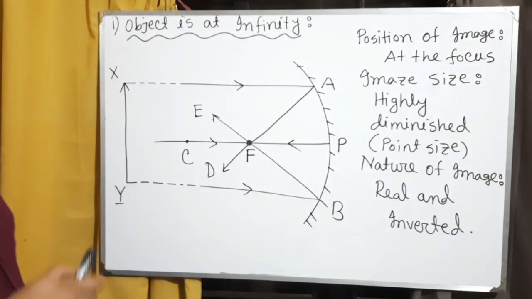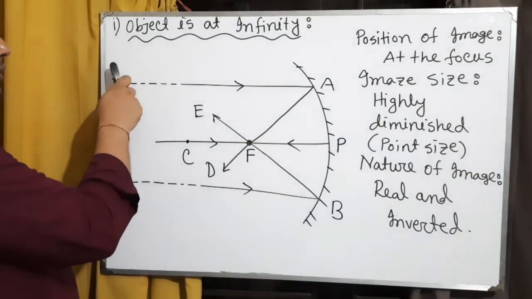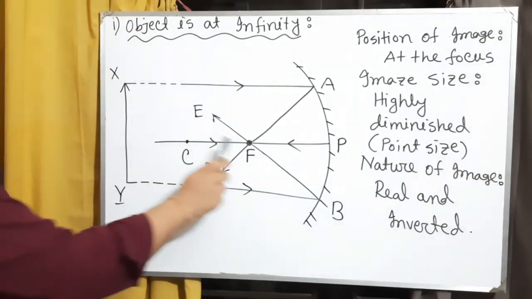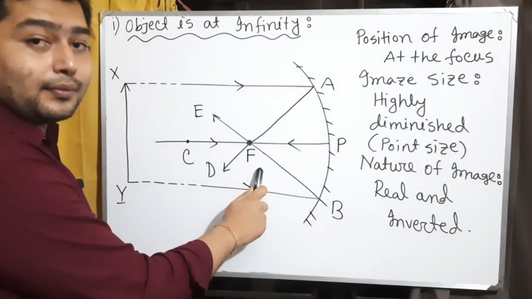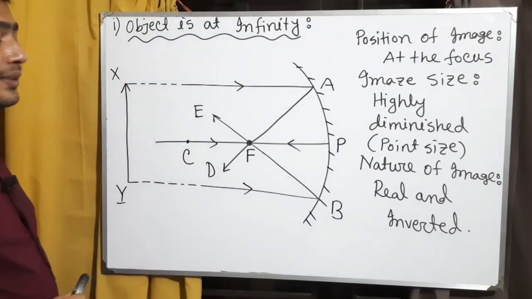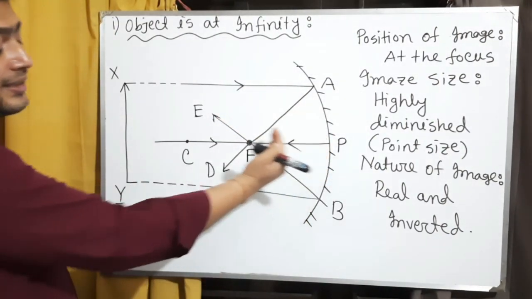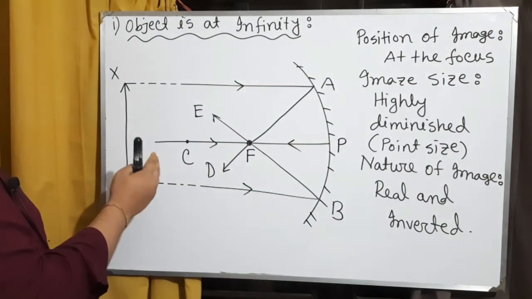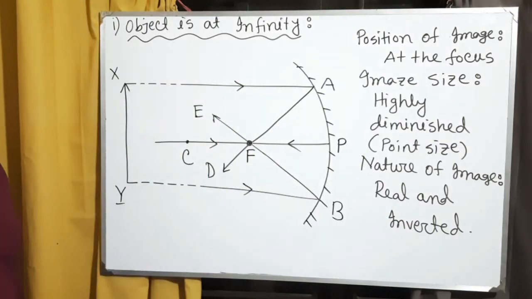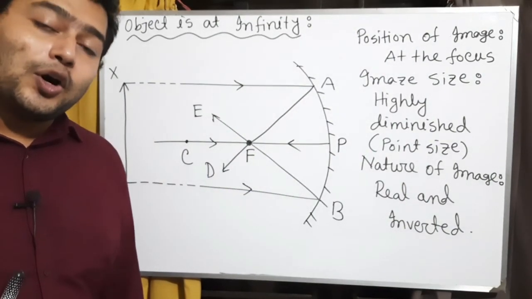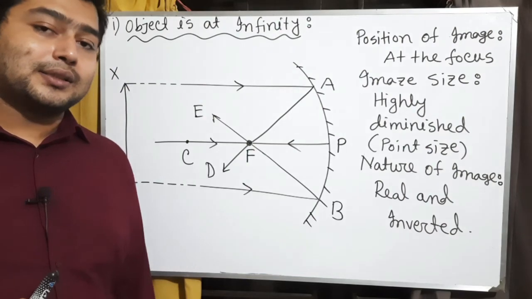Here the XY object and the image point F are placed on the same side of the mirror. So this image is called a real image.